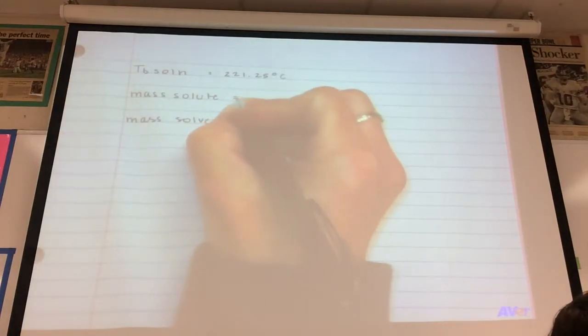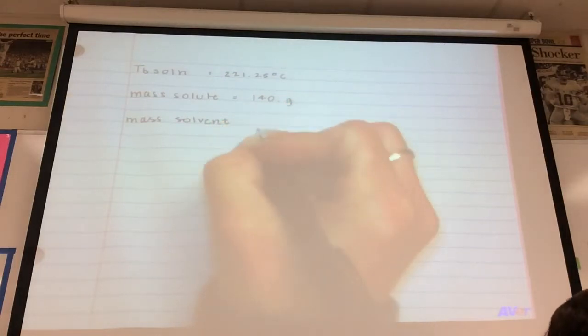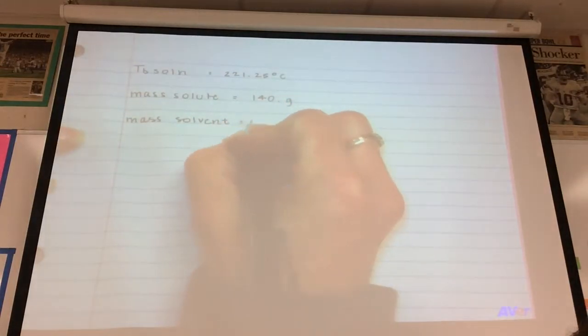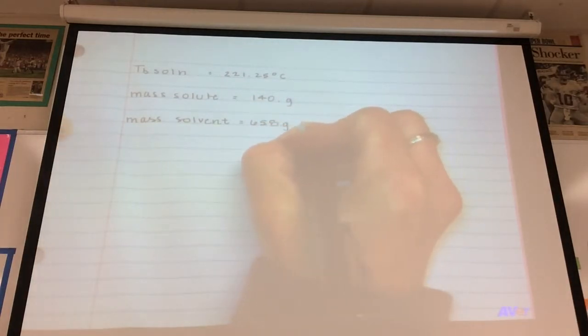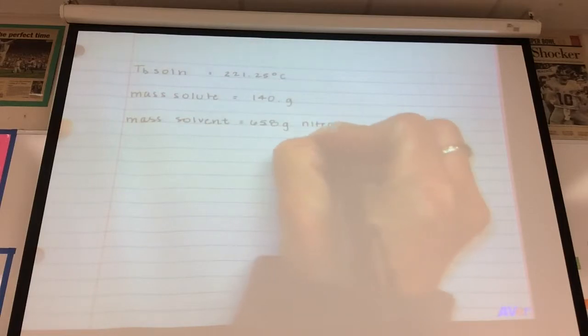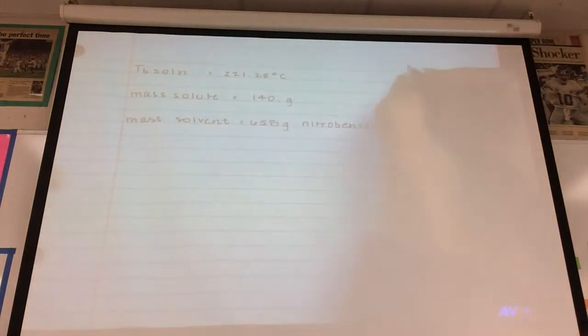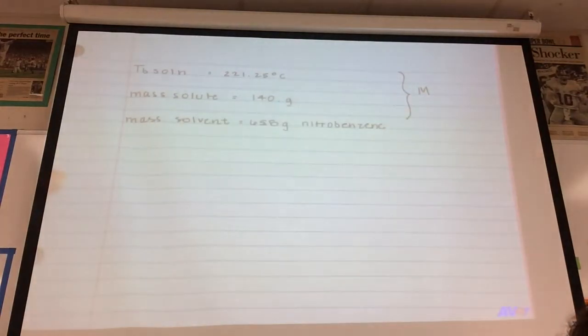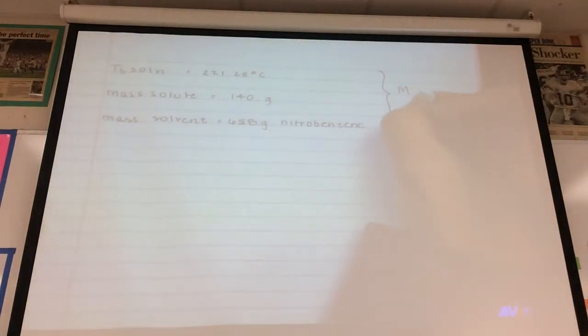The mass of the solute is 140 grams, and the mass of the solvent is 658 grams, and our solvent is nitrobenzene. Our goal from this information is to determine the molar or molecular mass of the solute in grams per mole.